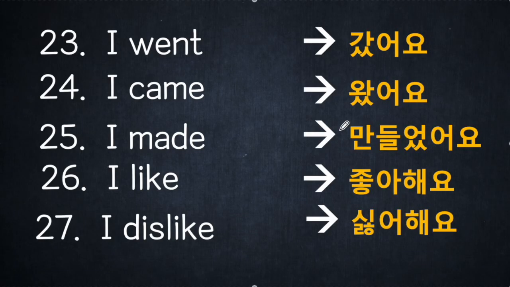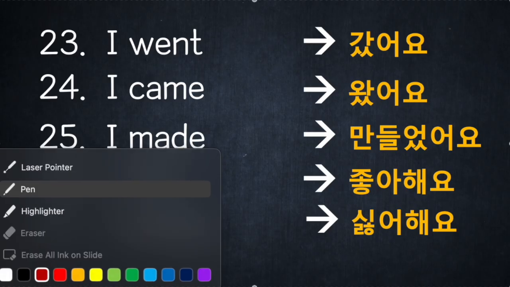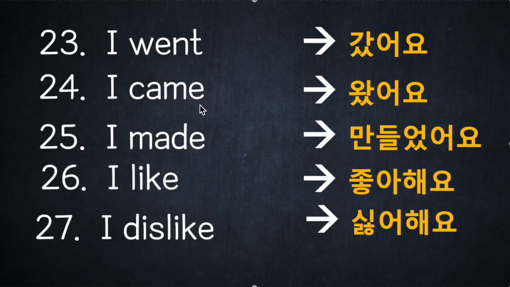Continuing, the other vocabs were: I went, 갔어요. I came, 왔어요. I made, 만들었어요. Make sure that you pronounce it pretty smoothly.